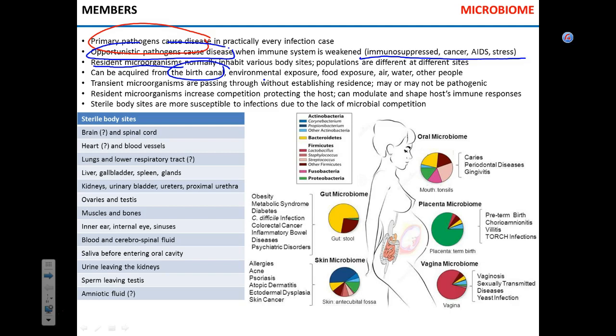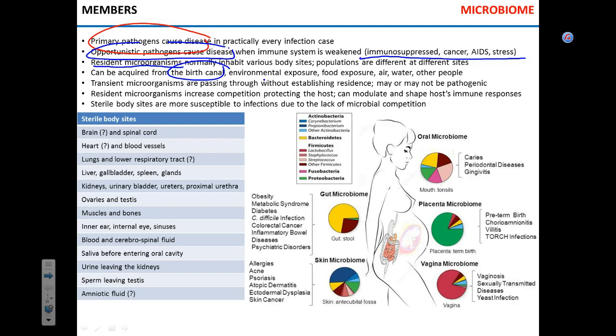Moreover, there were studies demonstrating that these alterations in the microbiome, because of the birth route, last a lifetime. So even in adolescence or adulthood, you can still trace the differences in the microbiome composition to the birth route.